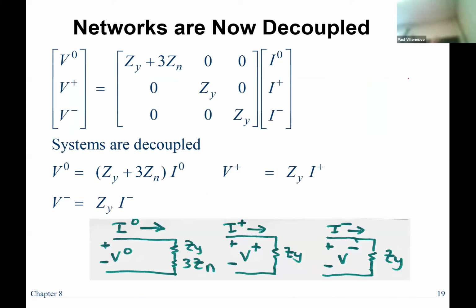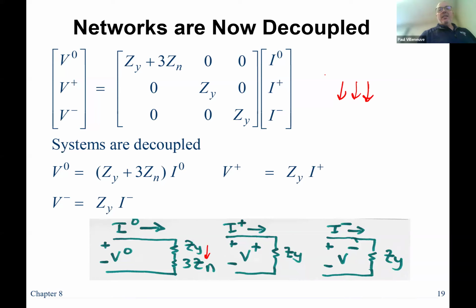So here are our three sequence networks. We have zero sequence, which has our 3 times Zn in there added in, which is 3 times the neutral impedance, which is important to us. Why is it 3 times in the zero sequence? Because again, I have 3 currents going through my neutral.